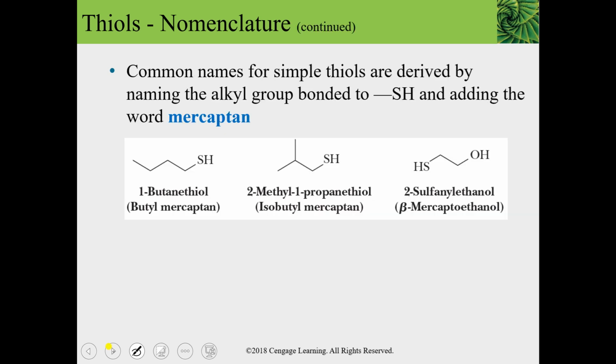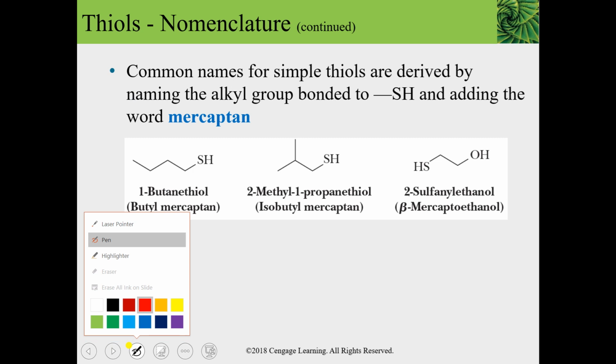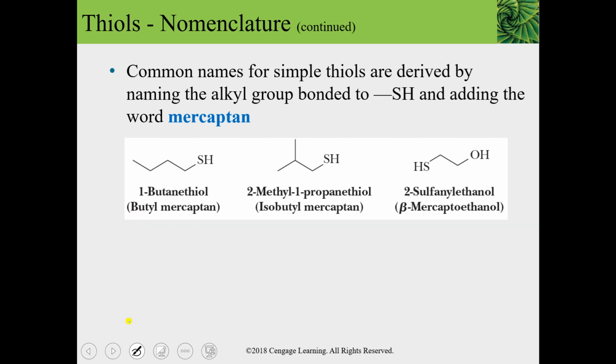So let's look at the common names as opposed to IUPAC names. Our top line is going to be IUPAC. Our bottom line is going to be common. So for the first example, 1-butanethiol is your IUPAC name, but the common name is butyl mercaptan.